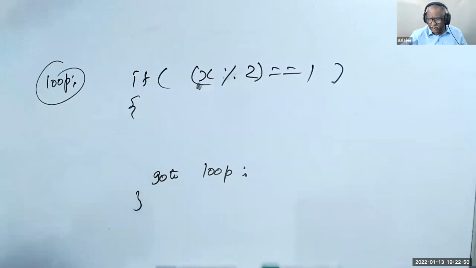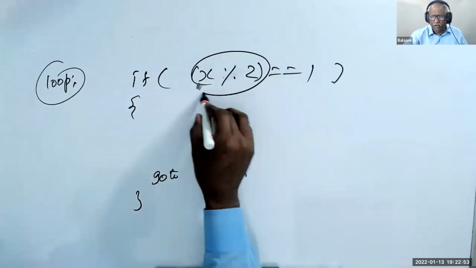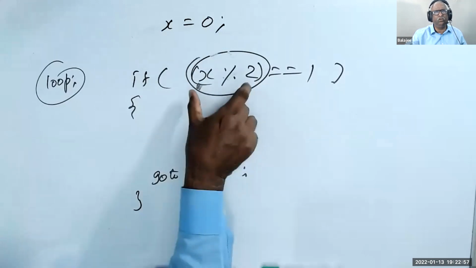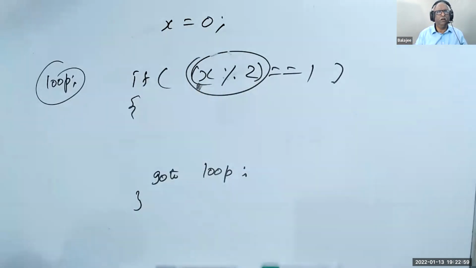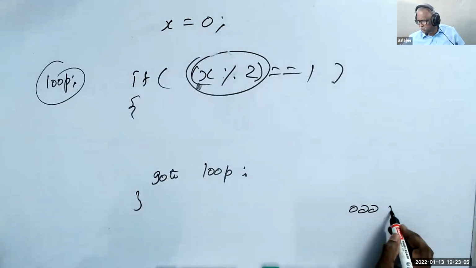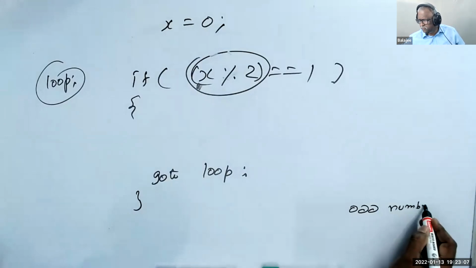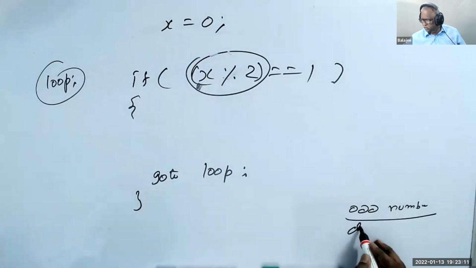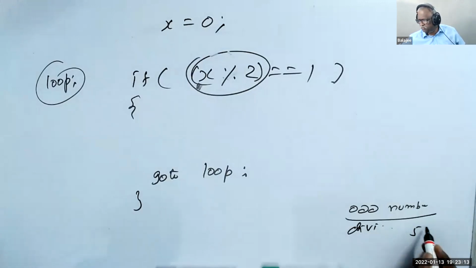So here you check. Initially I say x is equal to 0. Now I'm checking whether x is odd. I am telling you that x should be an odd number which is also divisible by 5.